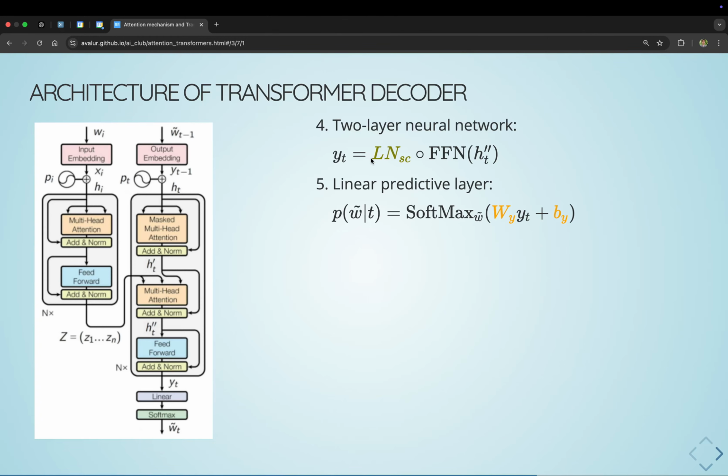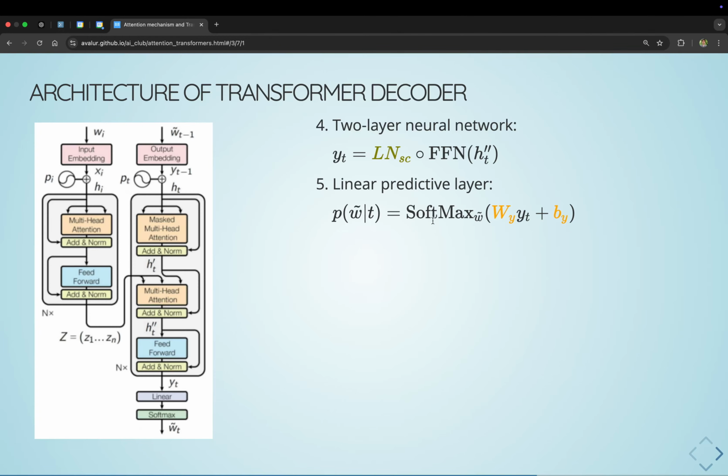The results of these two-layer network are vectors YT. These are our logits, or raw scores. Then there is another last linear layer on top of the model to transform the dimension of YT to the dimension of our vocabulary.